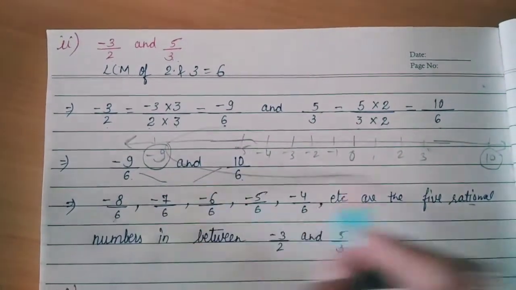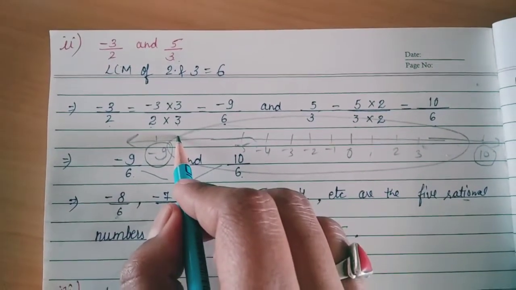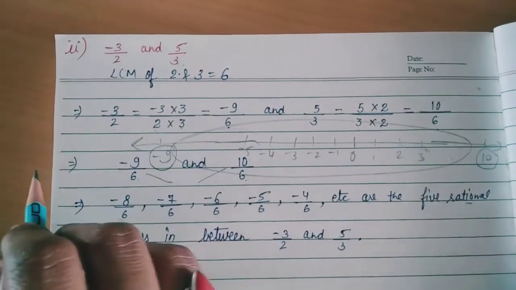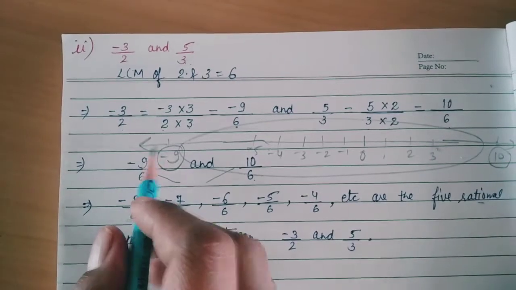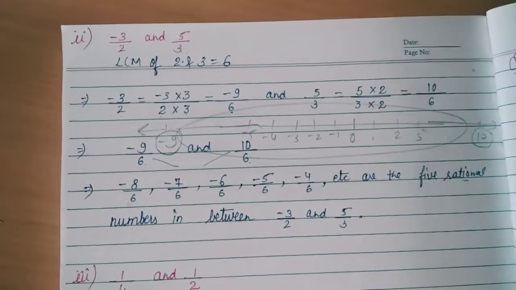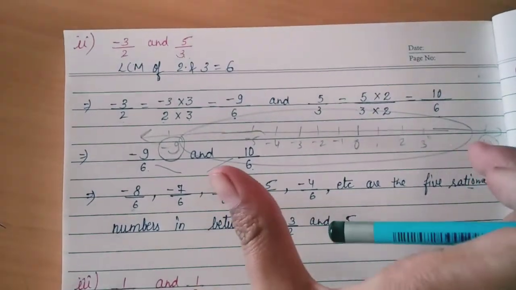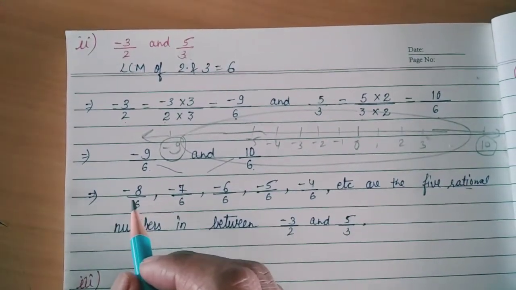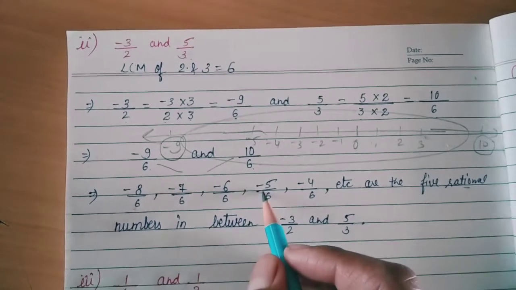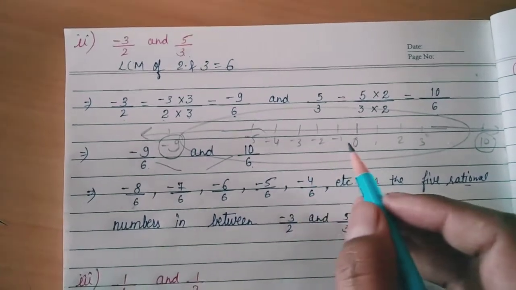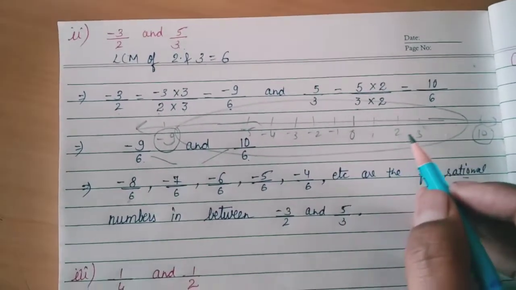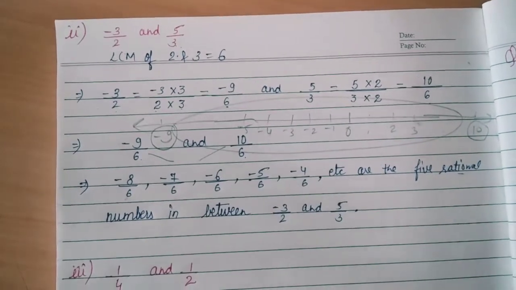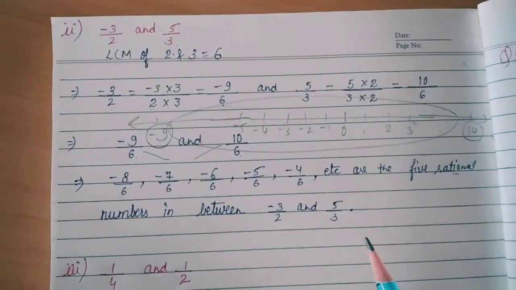If we choose minus 10, minus 11, minus 12, then we are choosing out of range numbers. So we have to choose in-between numbers. We will choose the minus 8 series: minus 8, minus 7, minus 6, minus 5, minus 4, and that will go through 0, 1, 2, 3, 4, 5, 6, 7. In this manner we will go.